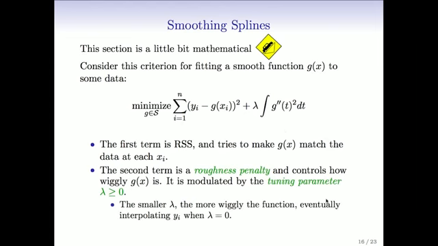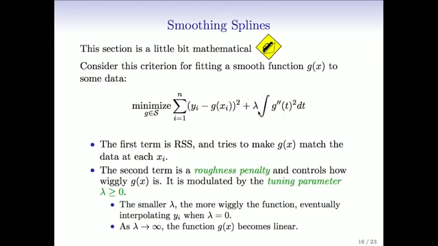The smaller lambda, the more wiggly the function can be. It means you're not putting that much weight on this penalty. And eventually, if lambda is 0, we'll get that interpolating function, because we won't pay any price for being wiggly, and so we may as well go through all the data. On the other hand, as lambda gets really large, if it goes off to infinity, we pay a big price for any contribution from this term, and the function will eventually be forced to be linear. A linear function has second derivative 0, so this term would be 0.